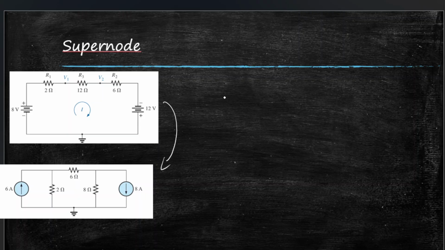How? Using source conversion, we have 8 volts and 2 ohm in series. If we convert it to a current source, the direction will be this way, because the positive of the 8 volt is on the top, and we will have a resistor in parallel.